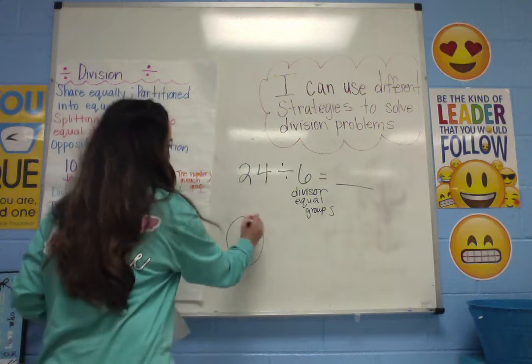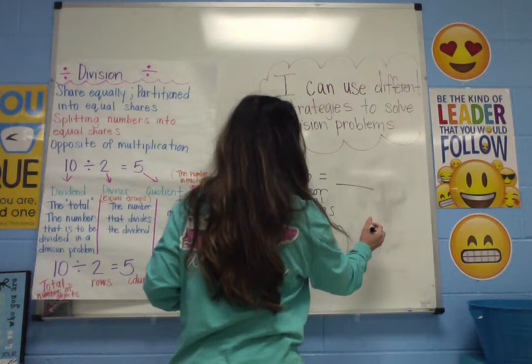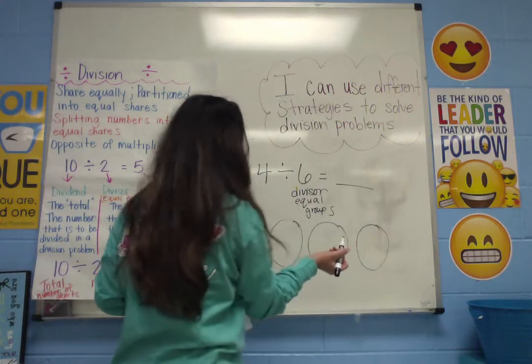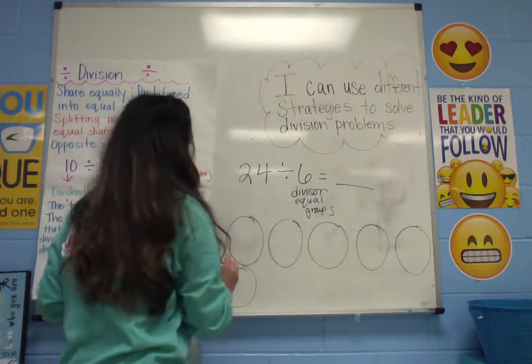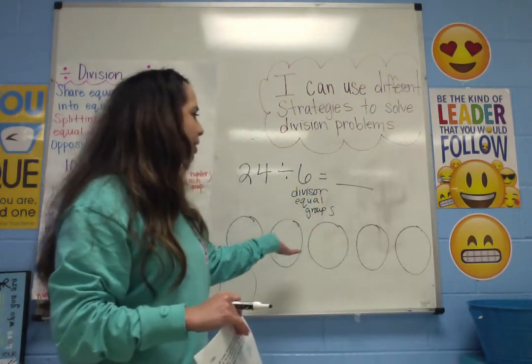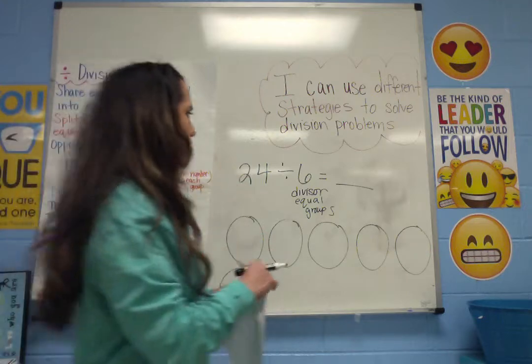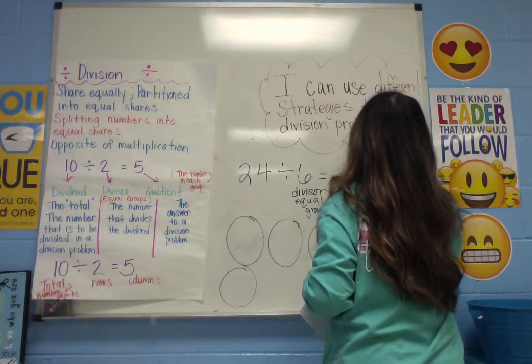And you guys know I like to draw circles. You can draw squares, whatever you want to represent equal groups. So 1, 2, 3, 4, 5, 6. Okay, so here are my 6 equal groups. My quotient, my answer is going to represent the number in each group.